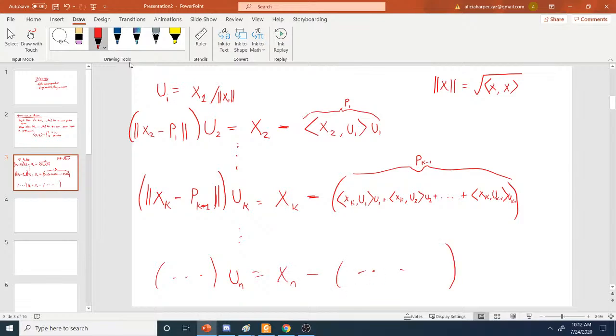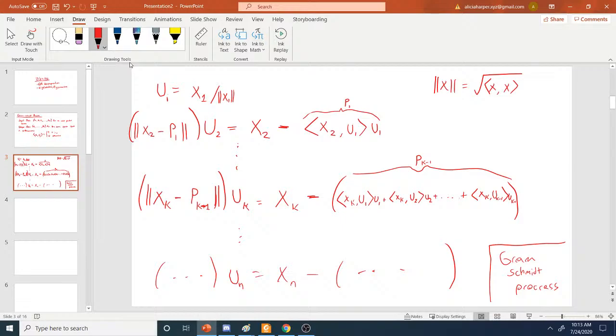So this way of computing these vectors u1, u2, uk through un is called the Gram-Schmidt process. And what I now want to do is I want to interpret this process slightly.